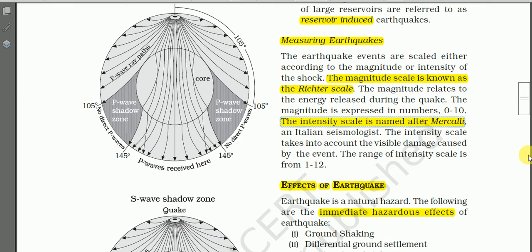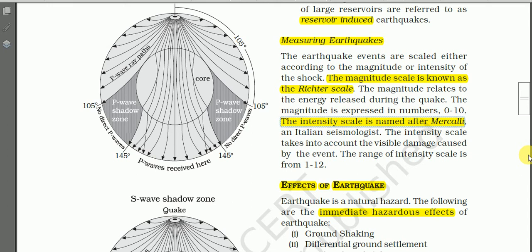And this Mercalli scale takes into account only the visible damage caused by the earthquake, how much the earthquake has damaged the surface of the earth and the structures built by human beings.